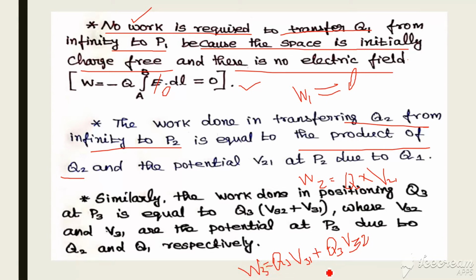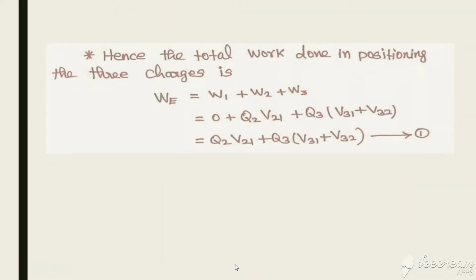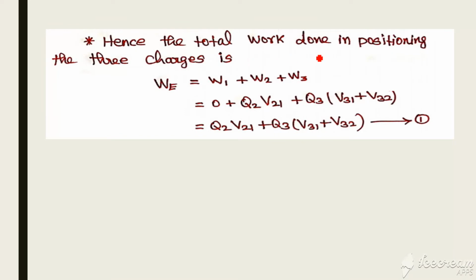Now take Q3 common: Q3 times (V32 plus V31), where V32 and V31 are the potentials at P3 due to charges Q2 and Q1 respectively. Hence the total work done in positioning the 3 charges, WE, is W1 plus W2 plus W3.